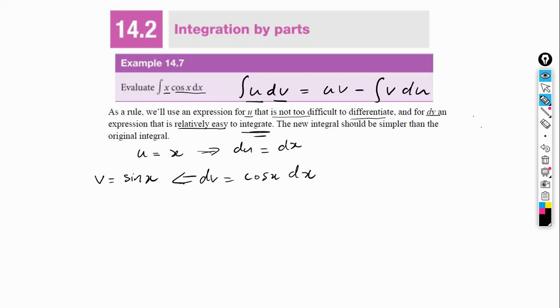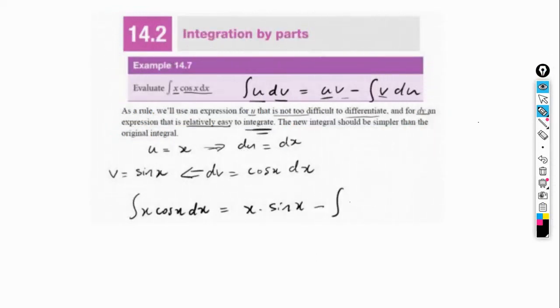And now we're ready to substitute inside the formula. Notice that we need u, which is x. So we can write that the integral of x times cosine of x dx is equal to, again, x, because that's u, times v, which is sine of x, minus the integral of v, which is sine of x, and then du, which is dx.